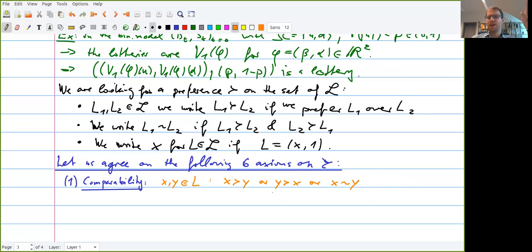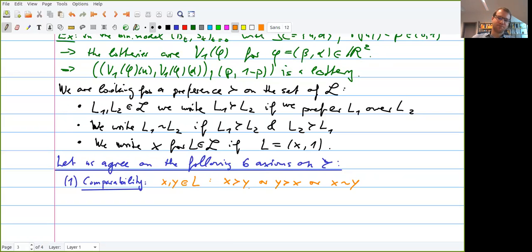So if I have a certain payoff, I can decide which one I prefer. So if I have a lottery which pays always 5 and another lottery which always pays 7, the investor is supposed to know which one she or he prefers.